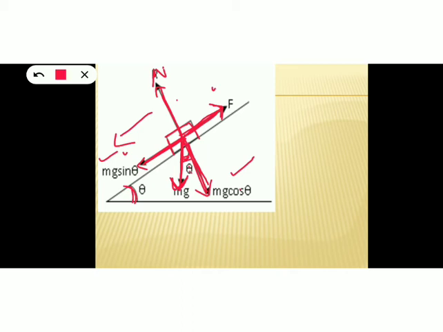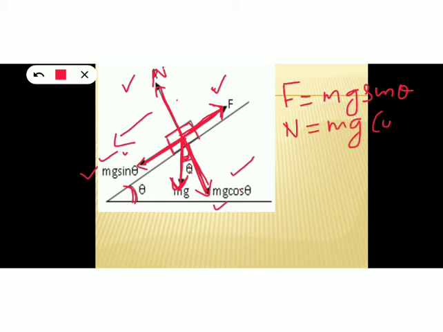So we can say this frictional force F is balanced by mg sin theta, and the normal reaction N is balanced by mg cos theta. So we can write frictional force F is equal to mg sin theta, and at the same time the normal reaction N is equal to mg cos theta.